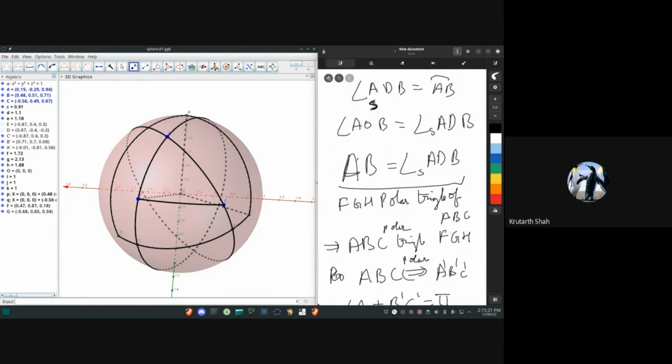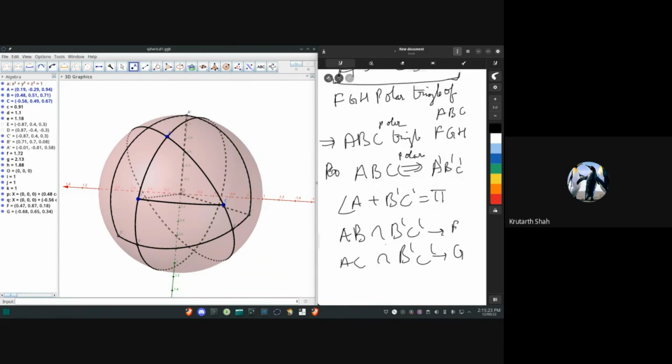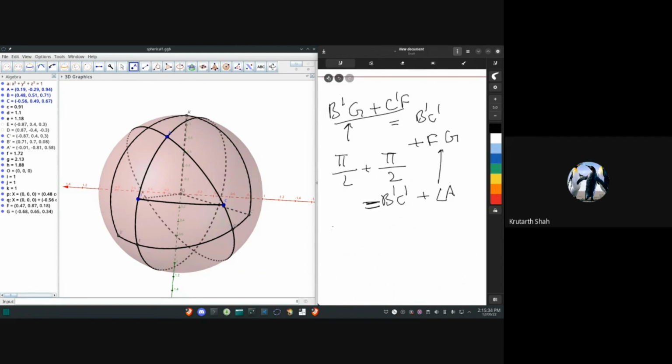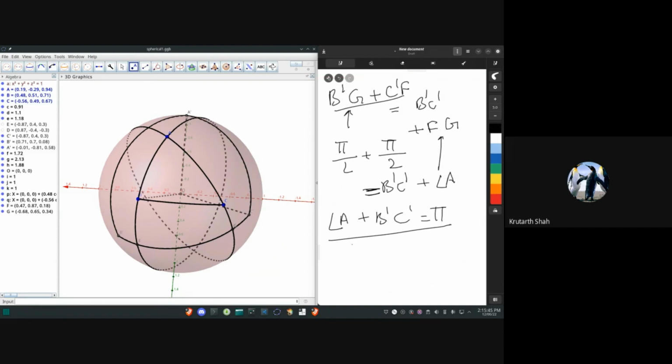So by this lemma, we have that FG is angle A, and B'C' is just B'C'. So we get the result. Did you understand the proof? Right.